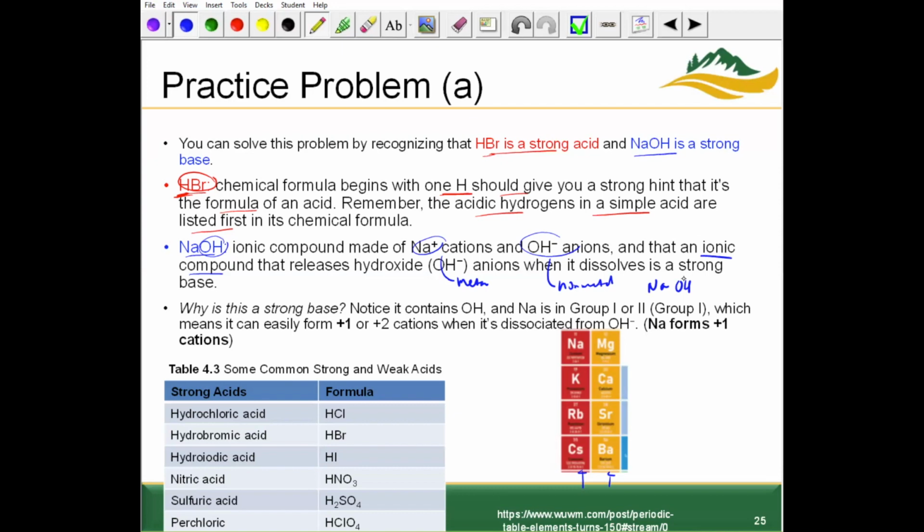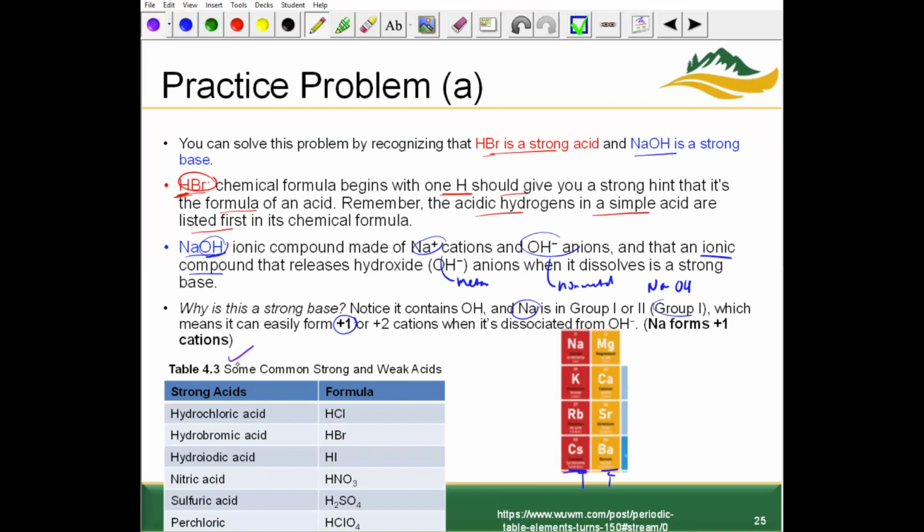A big hint with those strong bases is to remember that a metal, either in group 1 or group 2 on the periodic table, paired with hydroxide is going to be a strong base. Here, sodium is in group 1 and it forms +1 cations.